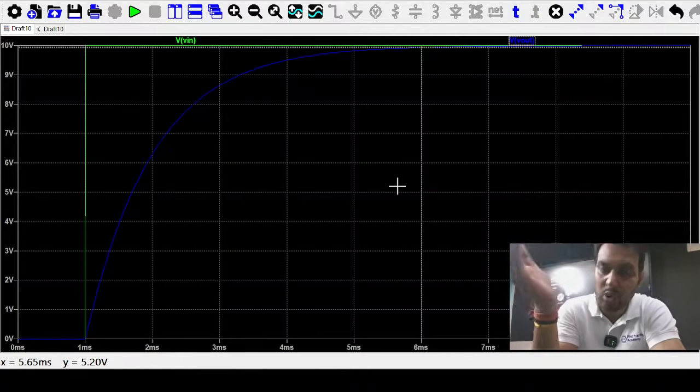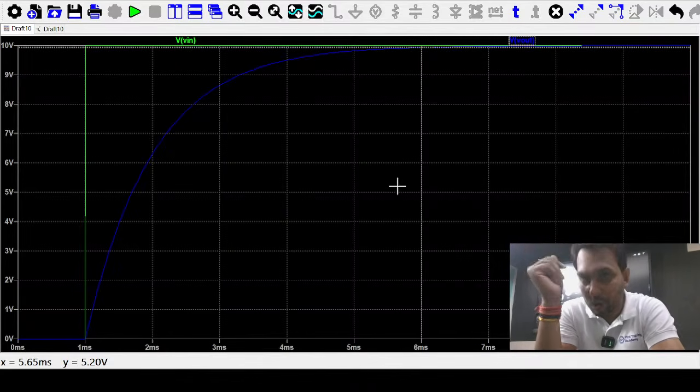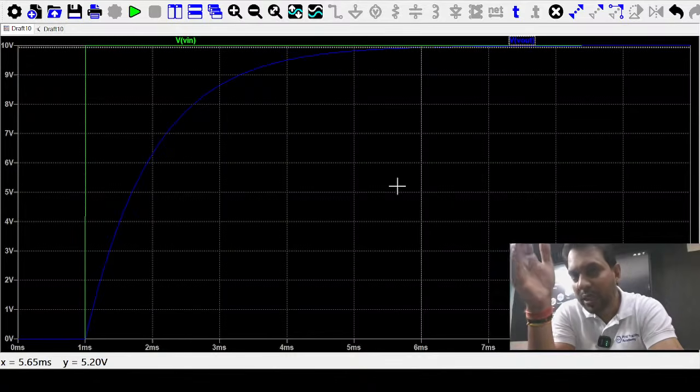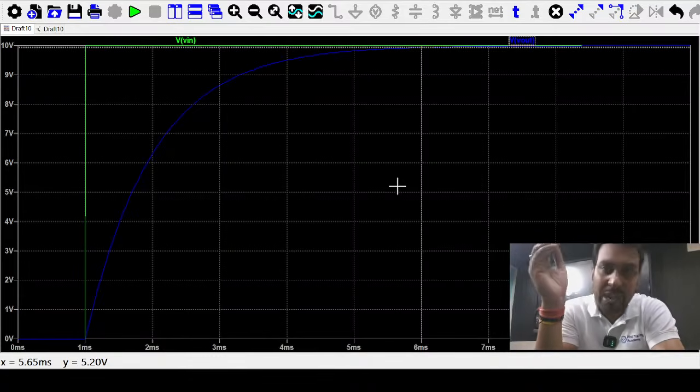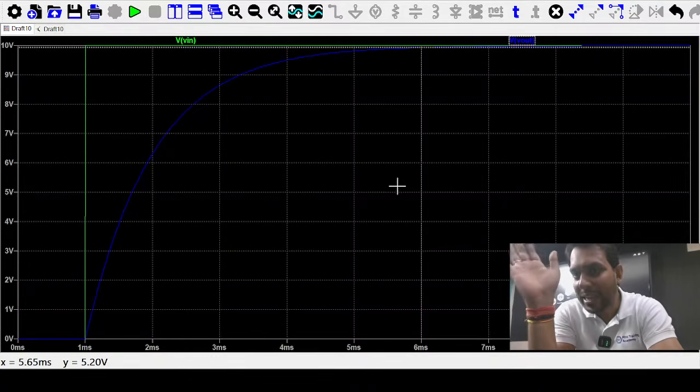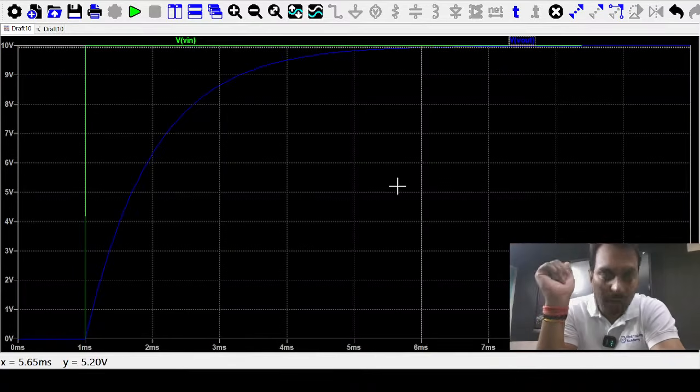If it is discharging, it will discharge to 0. So at 5 tau, the output voltage is 9.93, nearly about 10 volt. As time goes on, it tries towards 10 volt, but it will not go exactly to 10 volt. It is 9.99999 something, but it will never be 10 volt. Okay, that is a practical example.